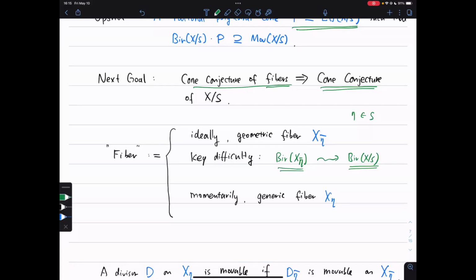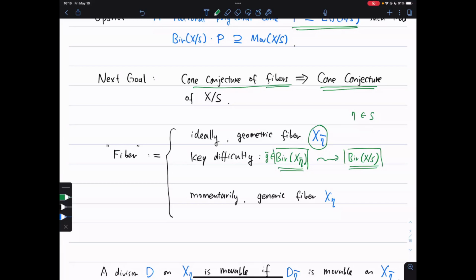But if you are just given a birational automorphism group of generic fiber, geometric fiber, you cannot literally correspond it to a birational automorphism group of this fiber space. So put it simply, this just means the connection between these two birational groups is not that simple. Even if you can prove the cone conjecture in this setting, because the birational groups are changed, you're using a different birational group, you cannot get the statement for the total fiber space.